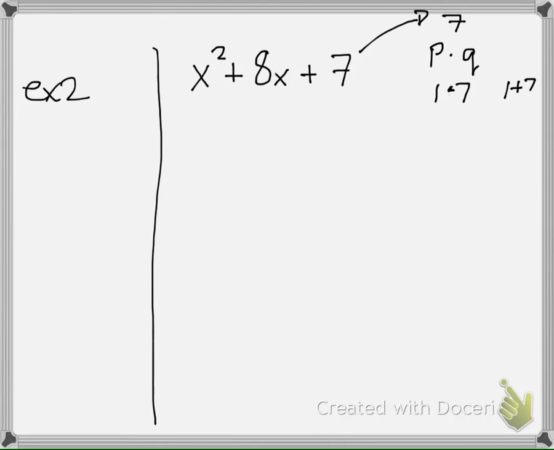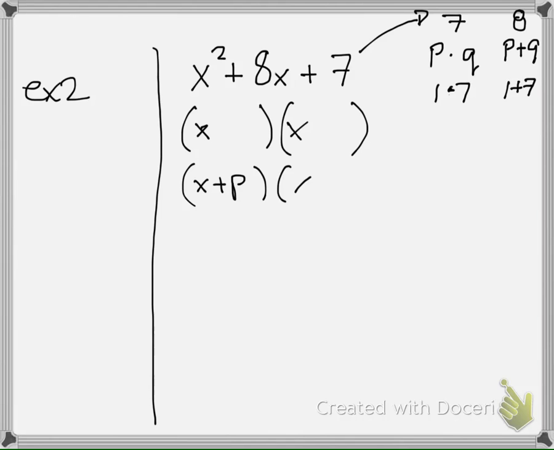And then when you add those, you get your P plus Q, which needs to be 8. Remember it's going to be x plus P times x plus Q. P is going to be positive 1, Q is going to be positive 7. So there's our answer.